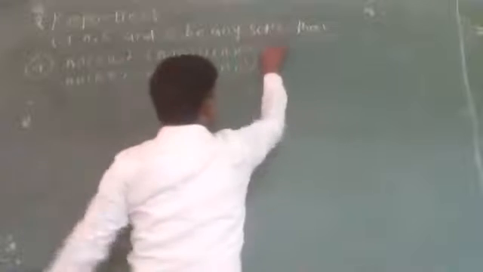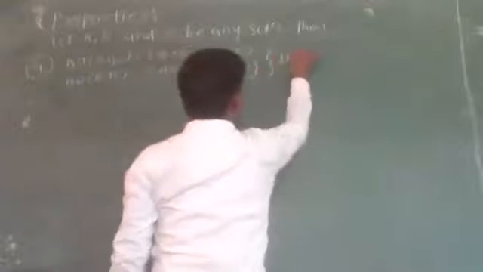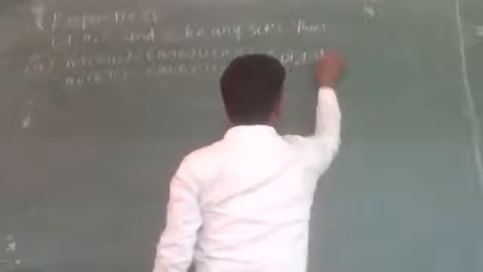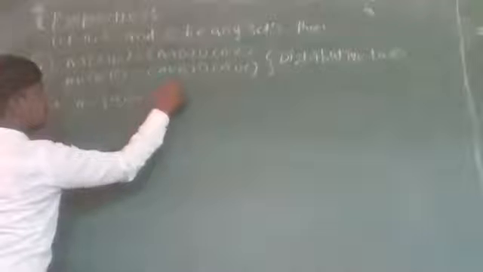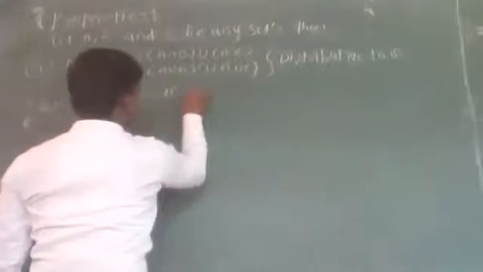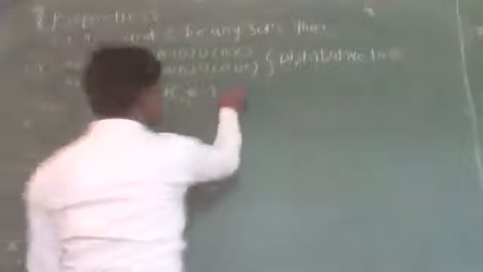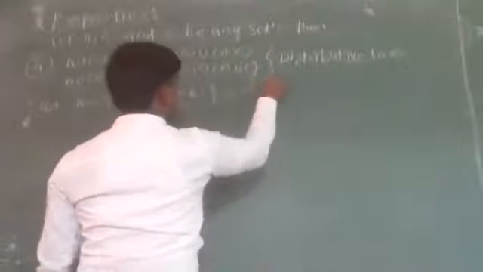This law is called the distributive law. Let A equal ABC, set B equal AC.